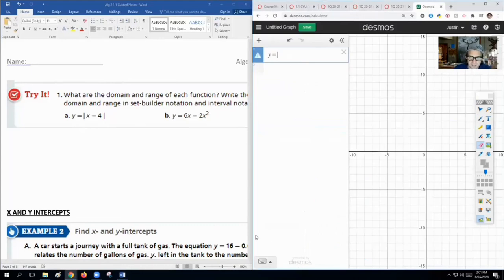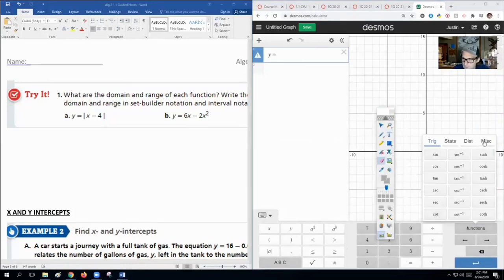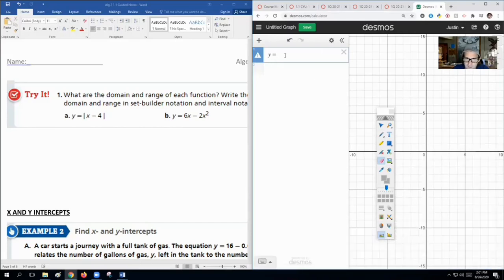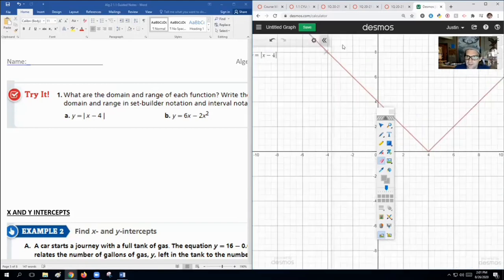Y equals, now to get the absolute value sign, I'm going to go down here, click functions, and there should be maybe in the miscellaneous. No. Where is this absolute value? It is right here. X minus 4. Okay, so now that we got this, we can look at this graph a whole lot easier.